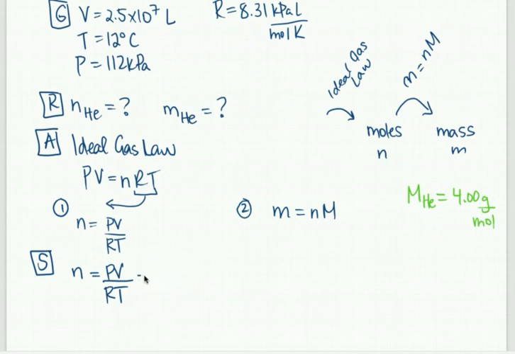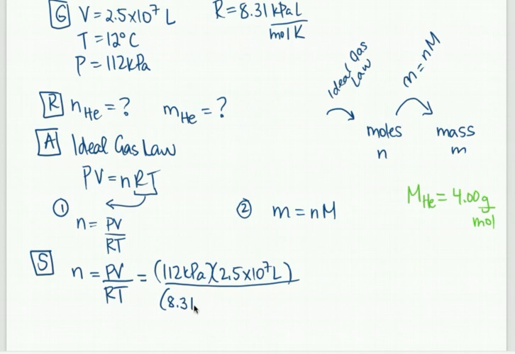We have pressure, we have volume, making sure everything's in the right units, good, and the constant.